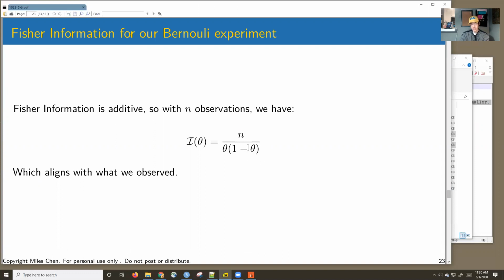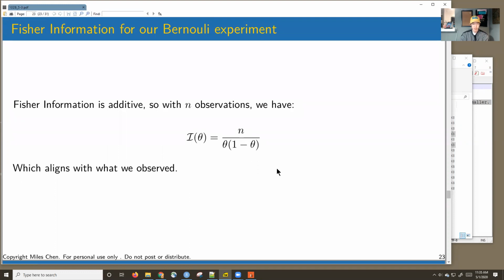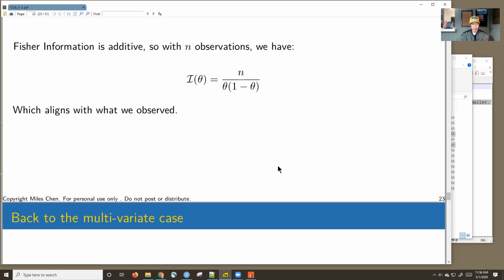So when we had 1,000 observations, our Fisher information was 100 times bigger than when we only had 10 observations. So that's Fisher information for our Bernoulli experiment with just one outcome and one parameter.